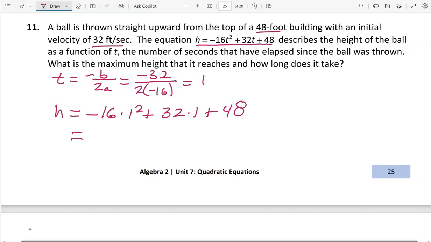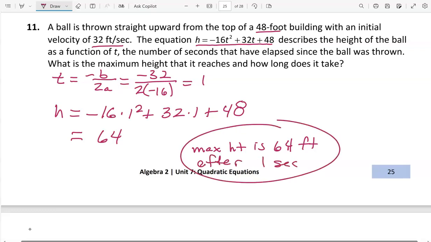So that's going to give us a total of 64 if we do that calculation. So what can we say here to kind of summarize this? Our maximum height is 64 feet after 1 second. So that answers the how high and at what time question.